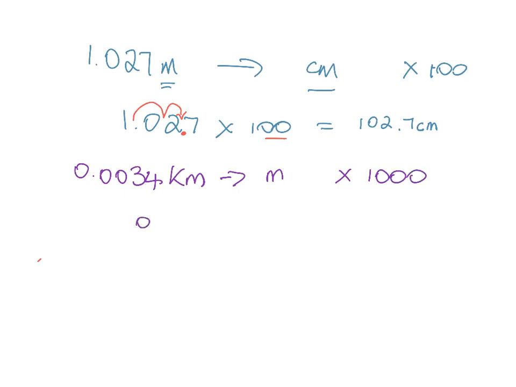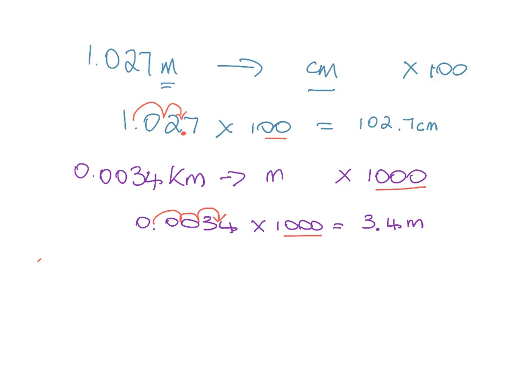So if we rewrite it again here, multiply 1,000. Here's our decimal place, 1, 2, 3, because there's 3 zeros. So therefore our new answer is 3.4 meters.